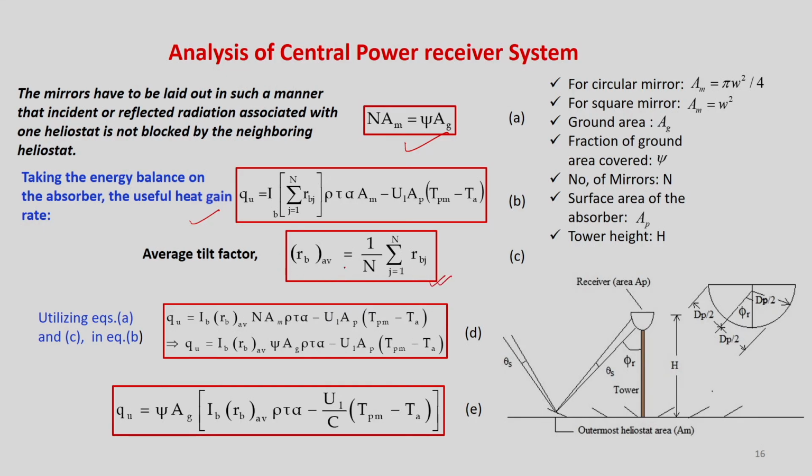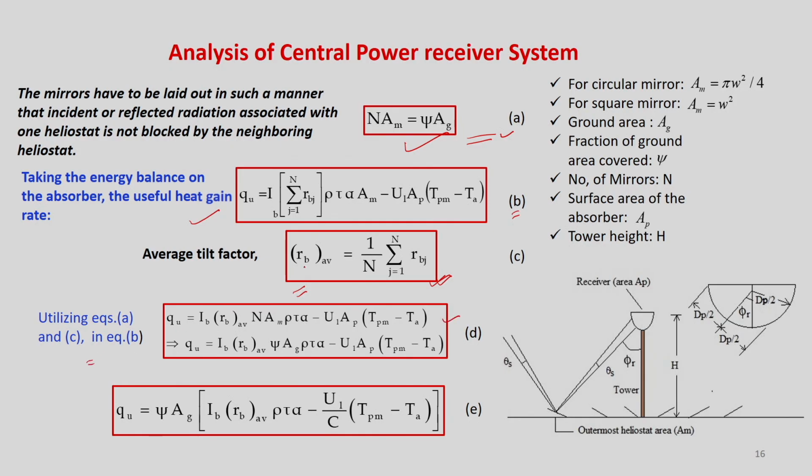If we have to write the average tilt factor, then it will be 1 by N times the summation of this R_B,j, right. So, if we use this R_B,j, as defined by equation A, in equation B, then what we will get is something like this.